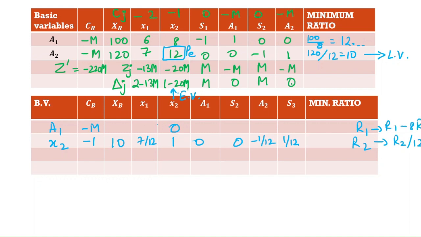So 100 minus 80 is 20, and 6 minus, let me just quickly do it.